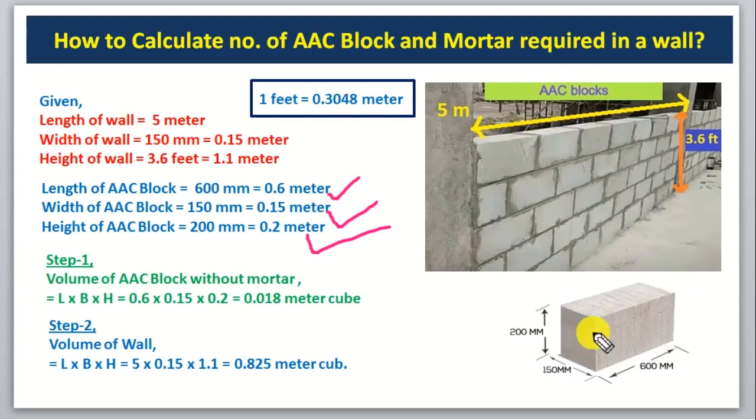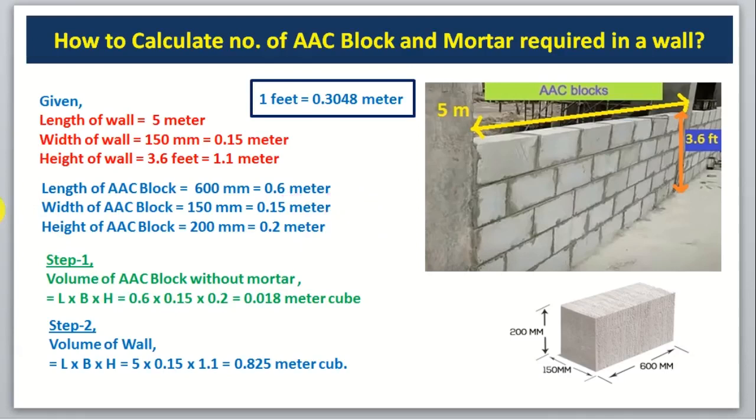We know that the volume of a block is L into B into H, and L, B and H are all given. By calculating, we will get a total volume of 0.018 meter cube.